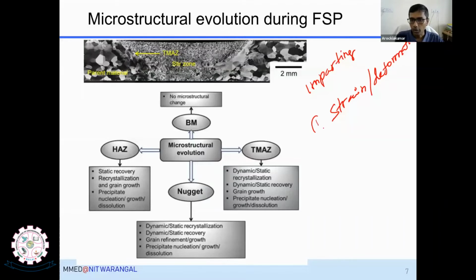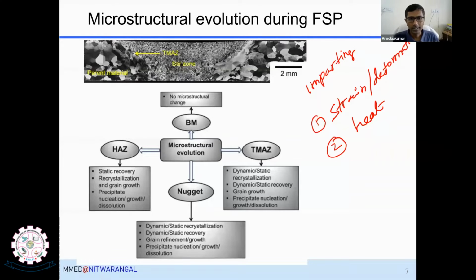Then you are giving heat into the material. Now let us see what these two will do to the material. If you import strain and deformation, it will create dislocations in the material, and it will change the shape of the material. But in FSP, there won't be much change in the macroscopic dimension of the sample. The dimension of the sample doesn't change after FSP.